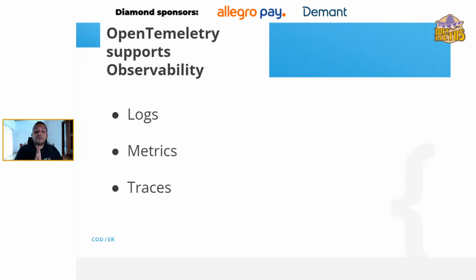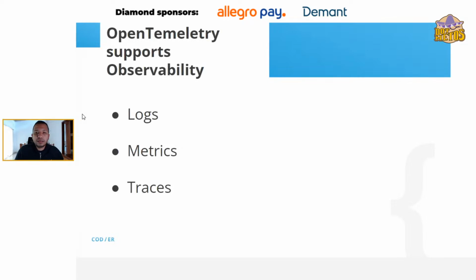All three options are really important, and the idea in our project is to include these three options. It's also important to highlight that OpenTelemetry supports all of them. This is very important and something that we need to take into account.